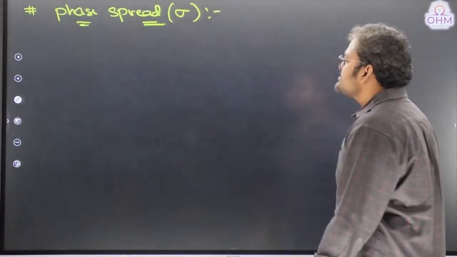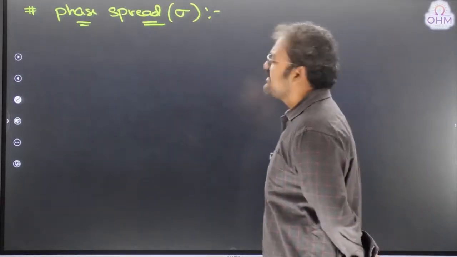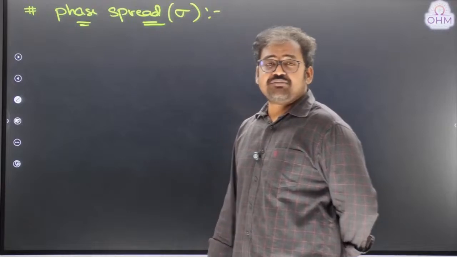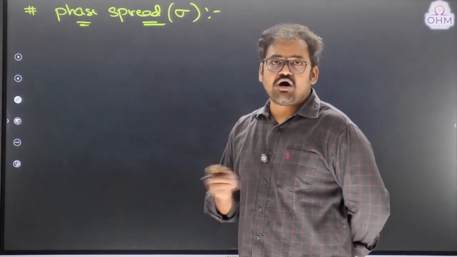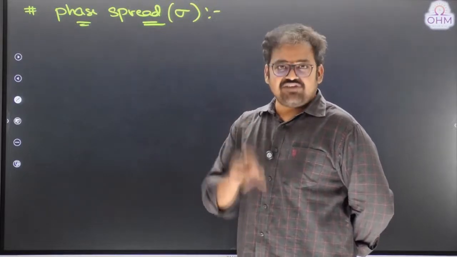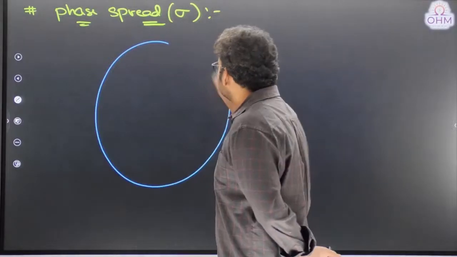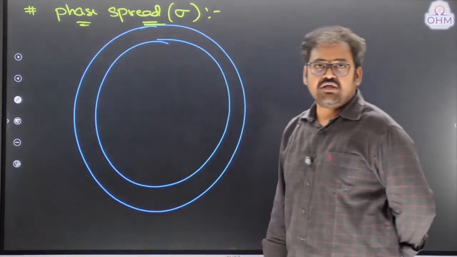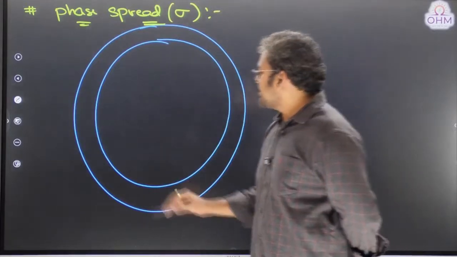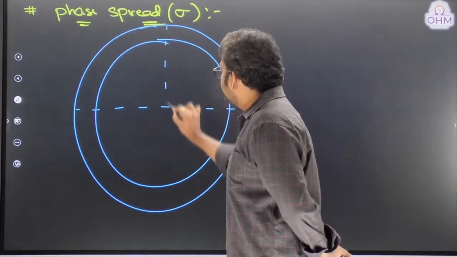Now, the next important term is phase spread, represented with the letter sigma. What is meant by phase spread? Very simple. It is the electrical angle occupied by each phase winding under each pole. Imagine this is the stator part of the machine, and assume our machine has 4 poles.